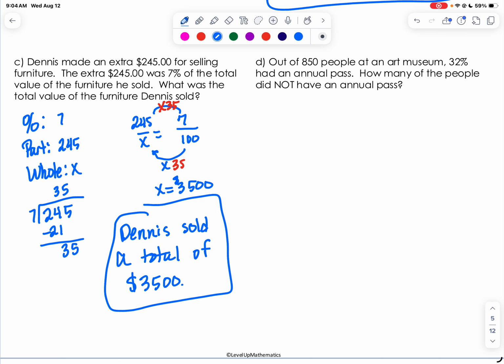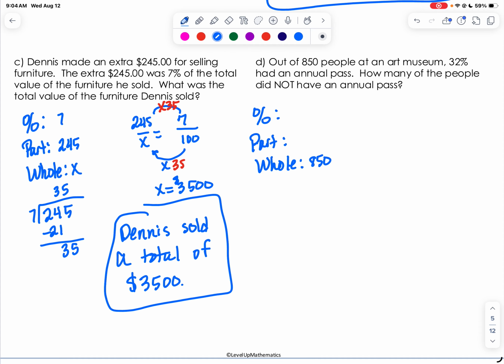All right, problem D. Out of 850 people at an art museum, 32% had an annual pass. How many of the people did not have an annual pass? Percent, part, whole. All right, the whole here is the 850 people. That's the total number of people at the art museum. But on the percent, be very careful.